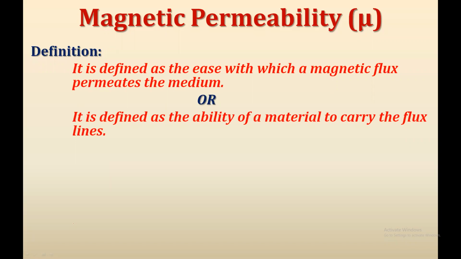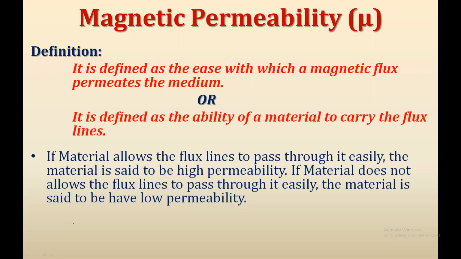If the ability of a material is more to carry the flux lines, it means that the permeability is more for that material. If some material shows less ability, it means that less flux can flow through it. That we call low permeability.